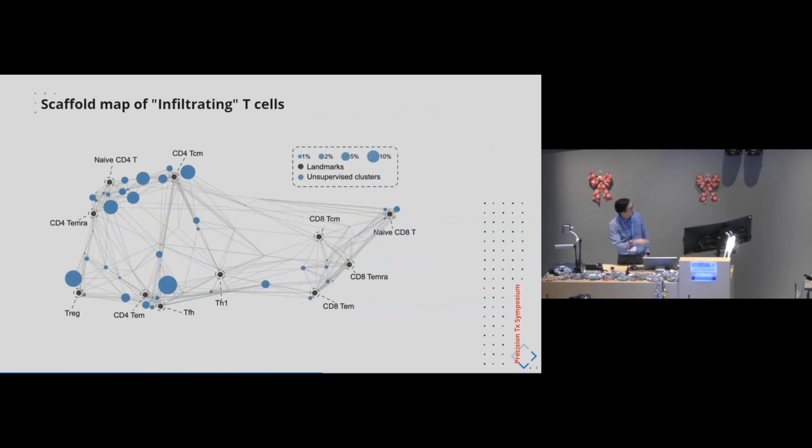Here I highlighted all the classical T cell populations like Treg, EMRA, CD4, and on the right-hand side the CD8 populations. We can see some blue bubbles surrounding these T cell populations, defined by the unsupervised clusters. This is the median level of all the patients.